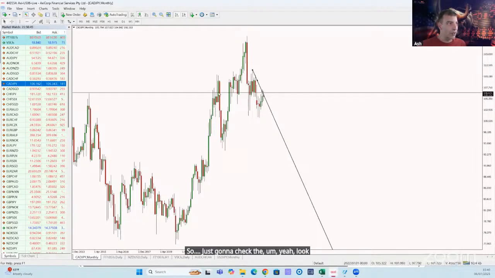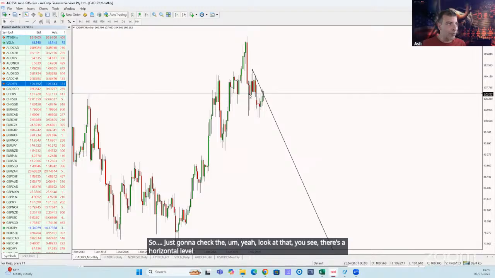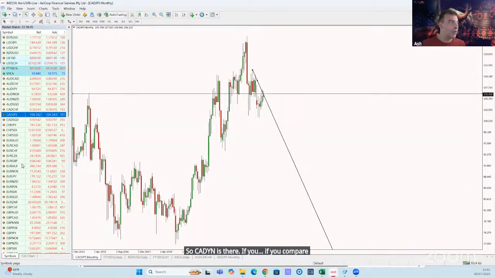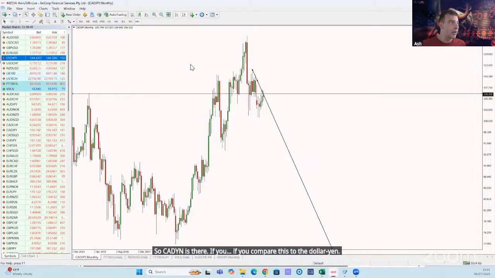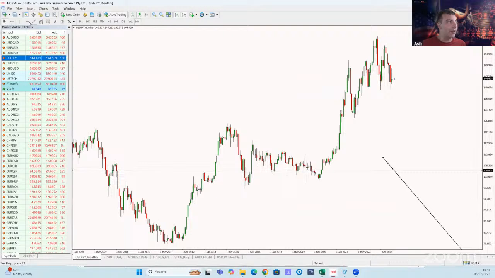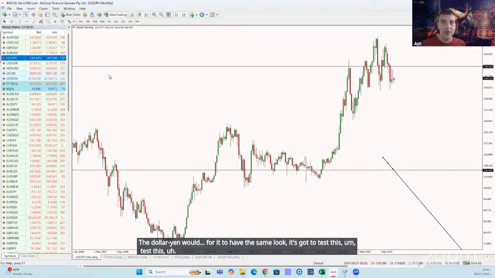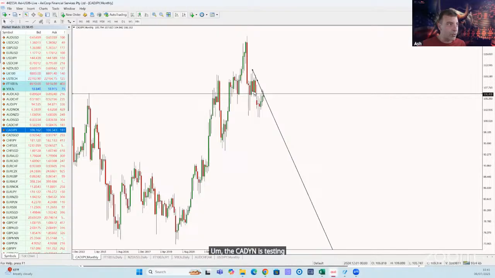You see, there's a horizontal level on the CAD. We are literally on top of this here. So CAD yen is there. If you compare this to the dollar yen, for it to have the same look, it's got to test this previous support zone. The CAD yen is testing that previous support zone.